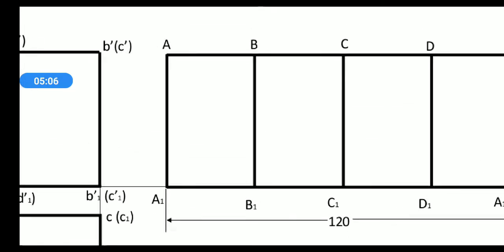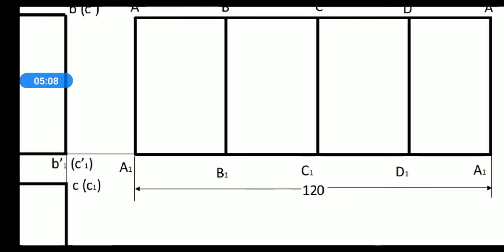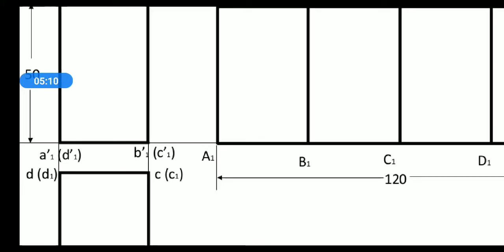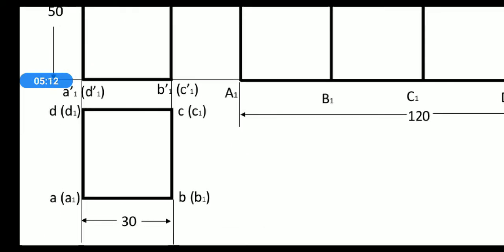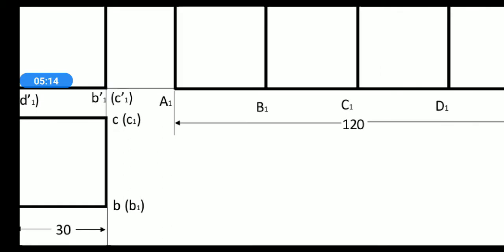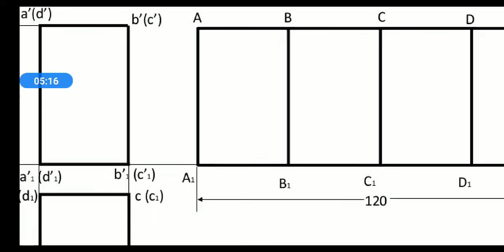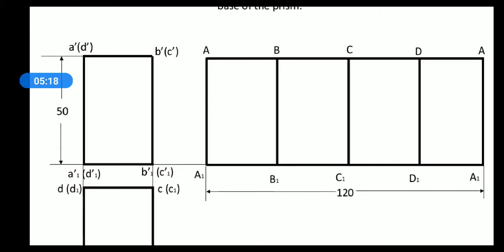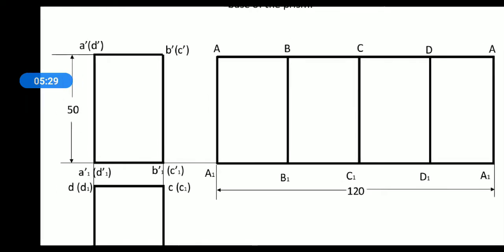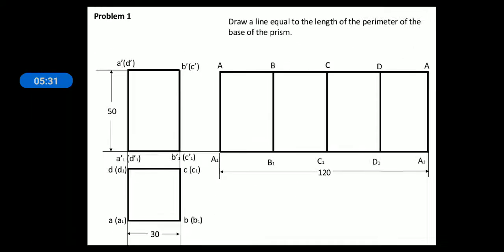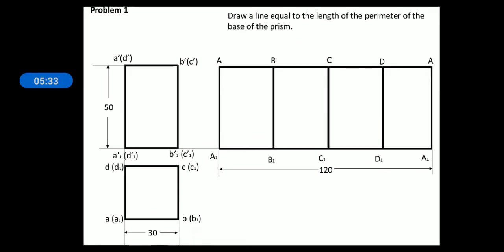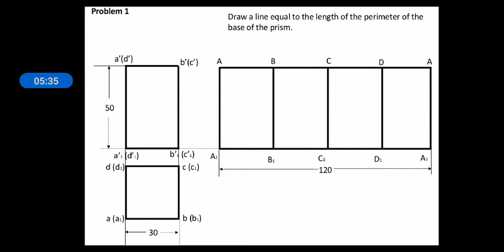So we take a line of 120 mm and divide it into 4 equal parts, because the square prism has 4 sides, and we project the axis 50 mm and make the 4 equal parts. The unfolded square prism is obtained as shown in the figure. This is called the lateral surface of the square prism.